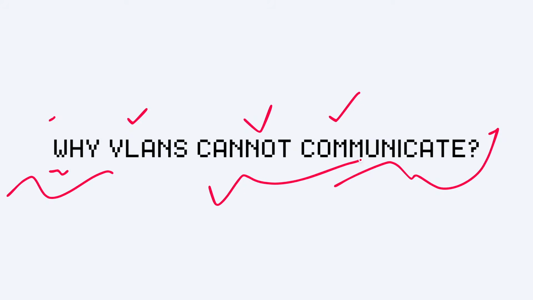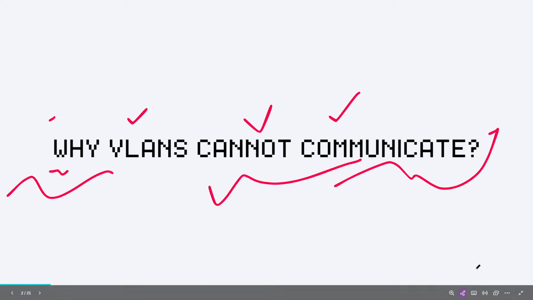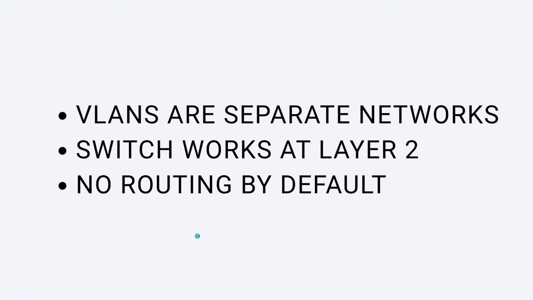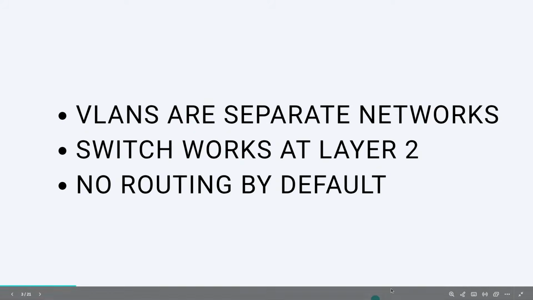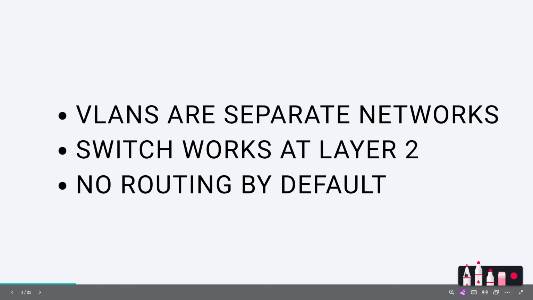Okay, different networks. One guy says different VLAN means different routers. So these are some points why VLANs cannot communicate.